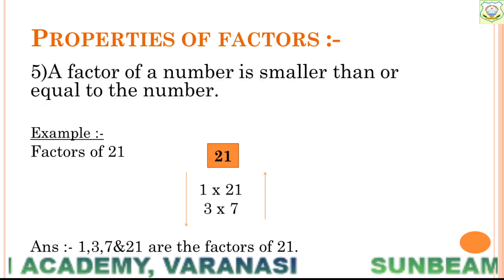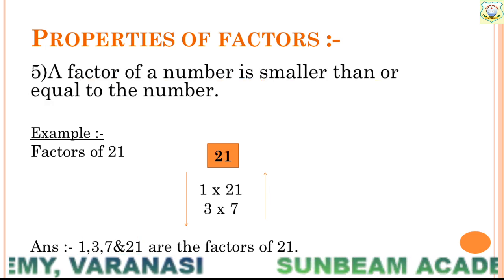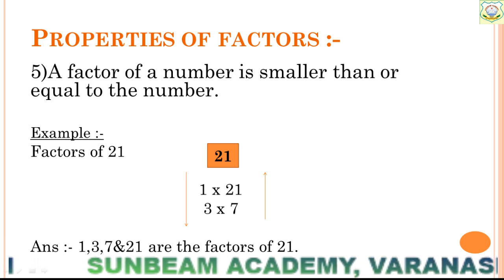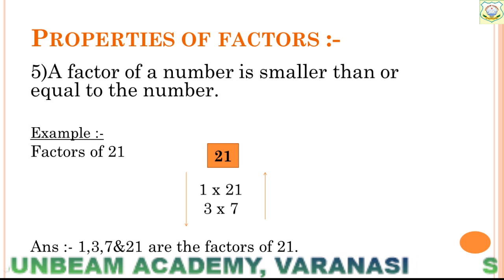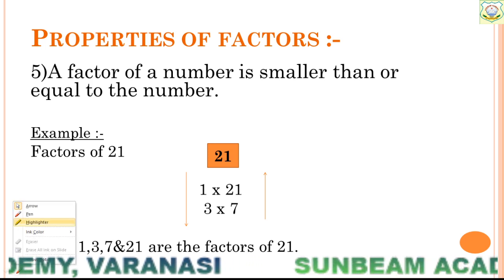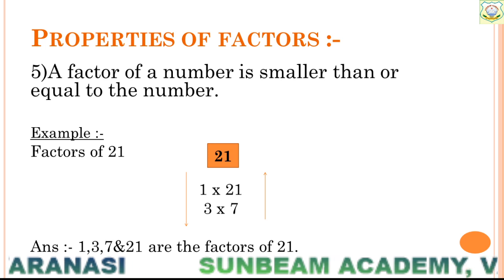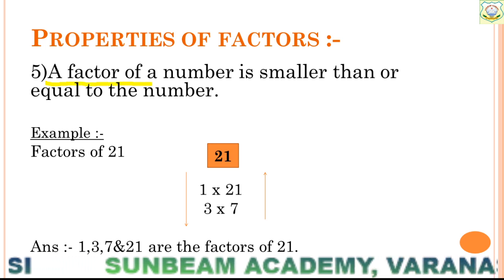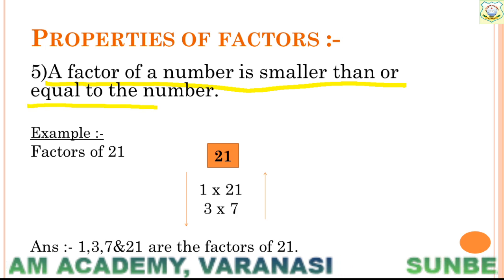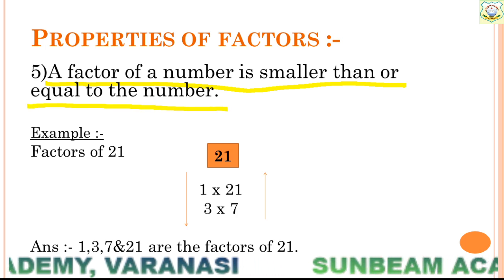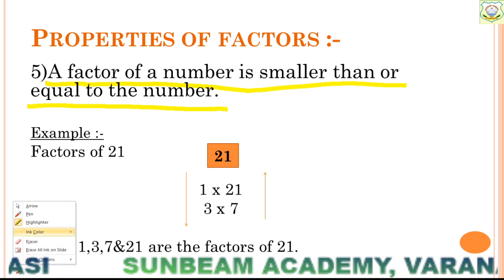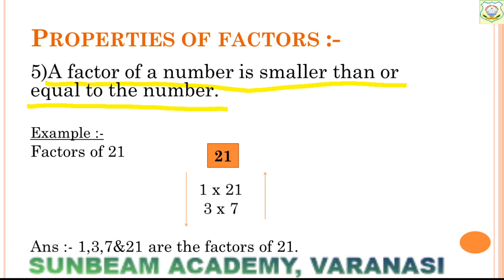Now moving further, the 5th point. A factor of a number is smaller than or equal to the number. I hope that you are understanding it, students, because it's important. A factor of a number is smaller than or equal to the number. Okay, so let's discuss this. You have to understand the meaning, right?